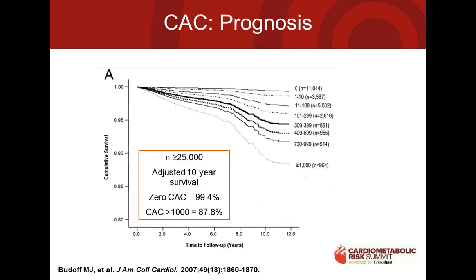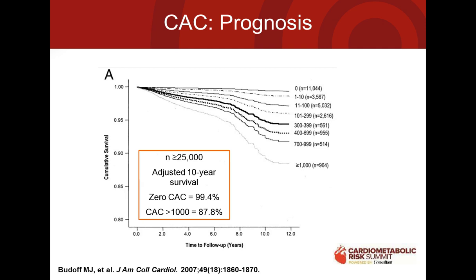And it turns out that calcium scoring really has an excellent long-term track record for risk stratification. This is from Matt Budoff's group out on the West Coast, who looked at tens of thousands of patients that had calcium scoring and followed them for 12 years. You can see here the risk of survival is dramatically different based on what your calcium score was.